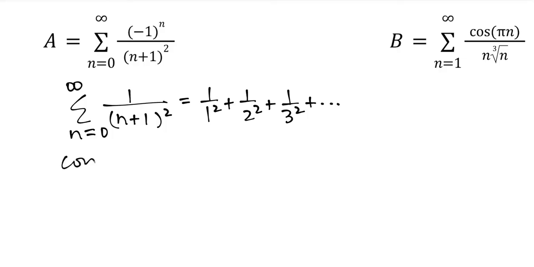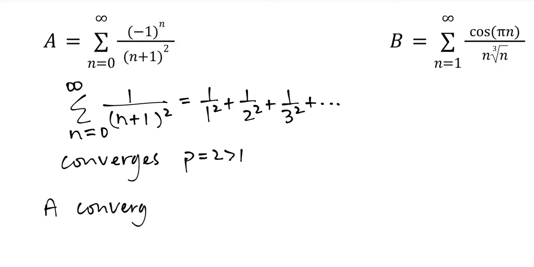So I would say converges by the p-series test. P equals 2, which is greater than 1. And that means that A converges absolutely, because if we took the absolute value of the terms and added them all up, we would still be converging. So absolute.